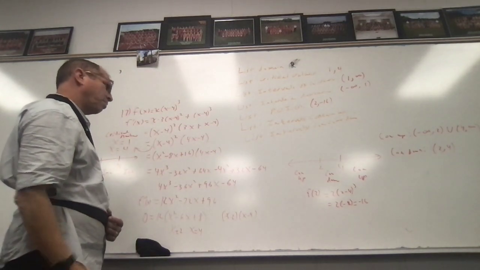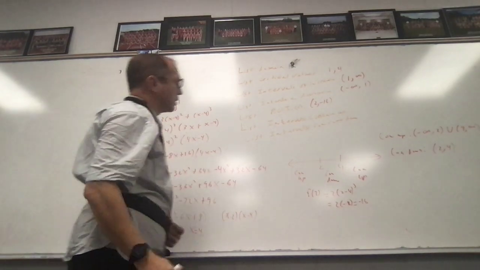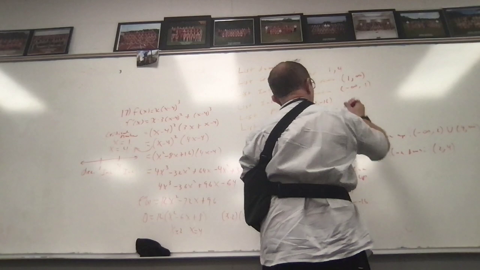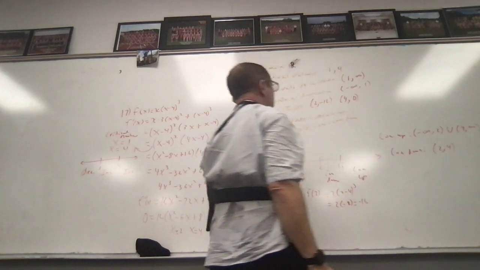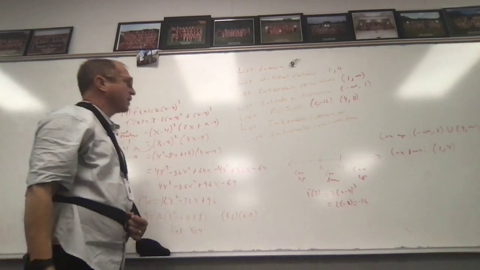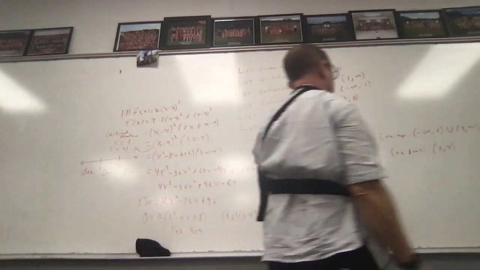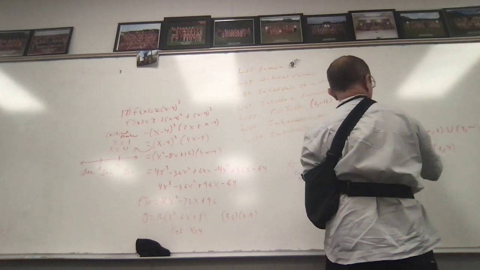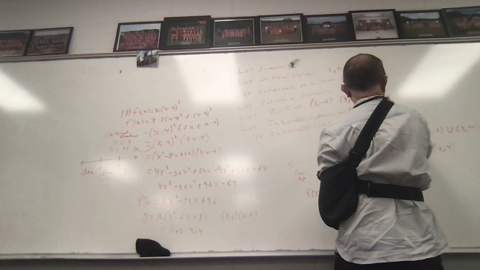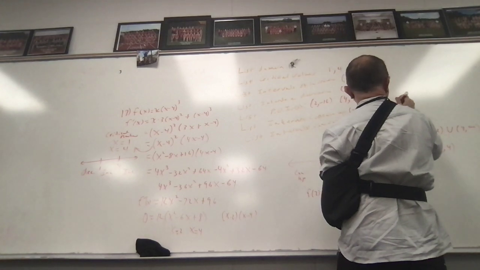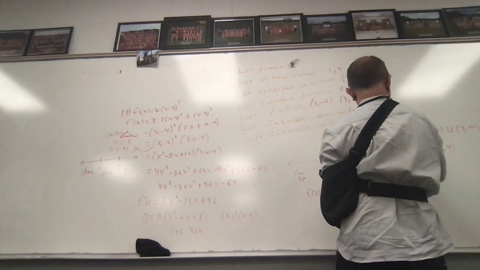And then plugging in 4 would give me 0 here, so the point at 4 is (4, 0). So these are my two points of inflection. Intervals of concavity: concave up from negative infinity to 2 union 4 to infinity, and concave down from 2 to 4.